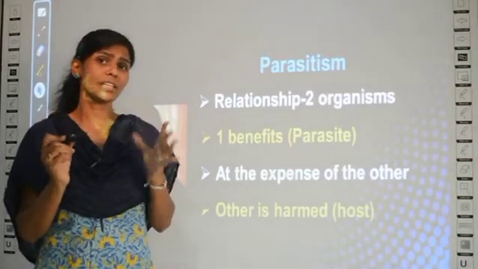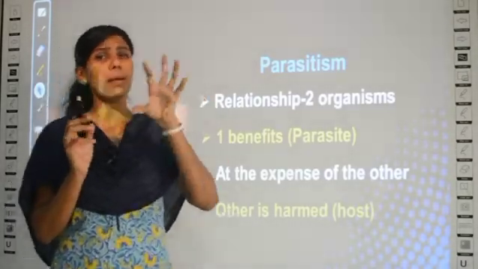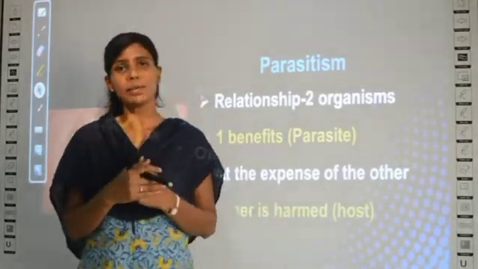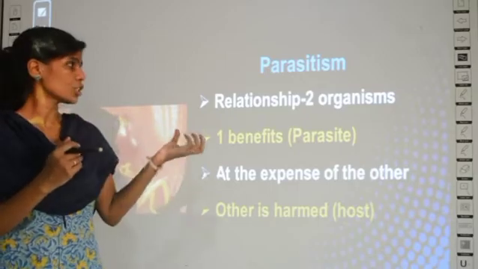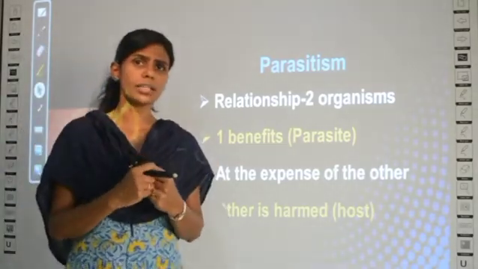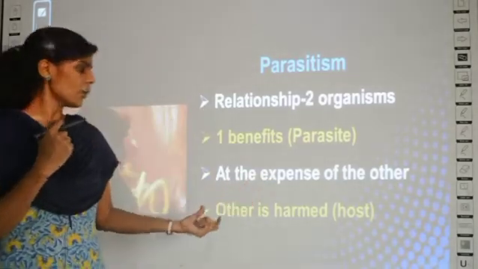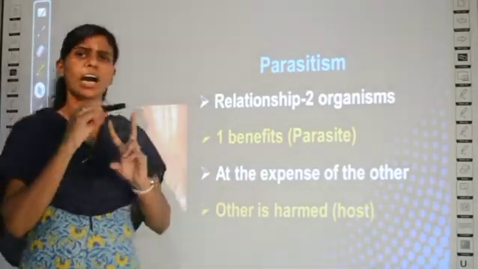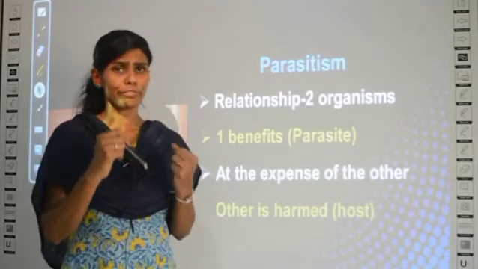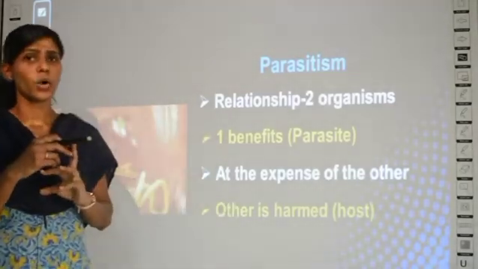It causes something bad to the other organism, and out of that only it is getting benefited. So this relationship is called parasitism, and the one which benefits is called the parasite, and the one which is harmed, B, harmed meaning it is affected in some way, is called the host.